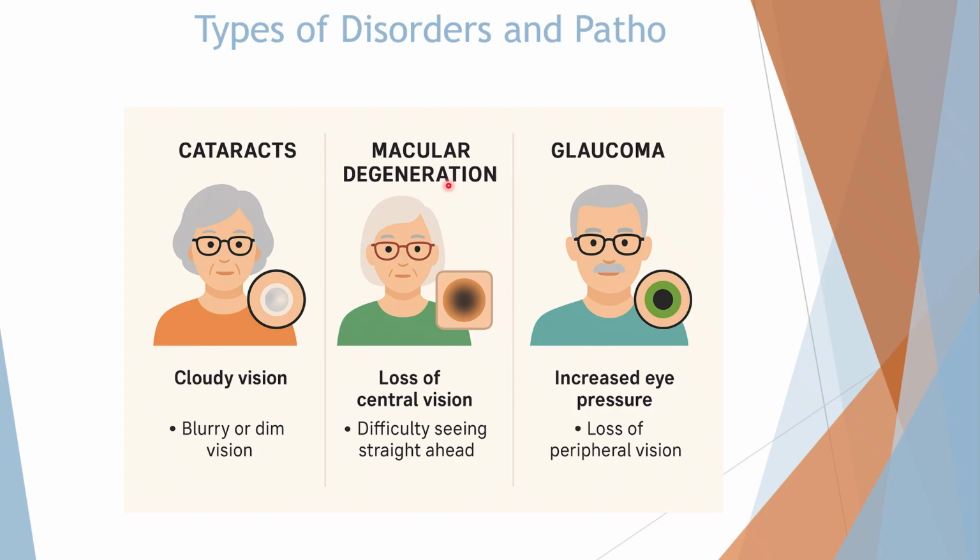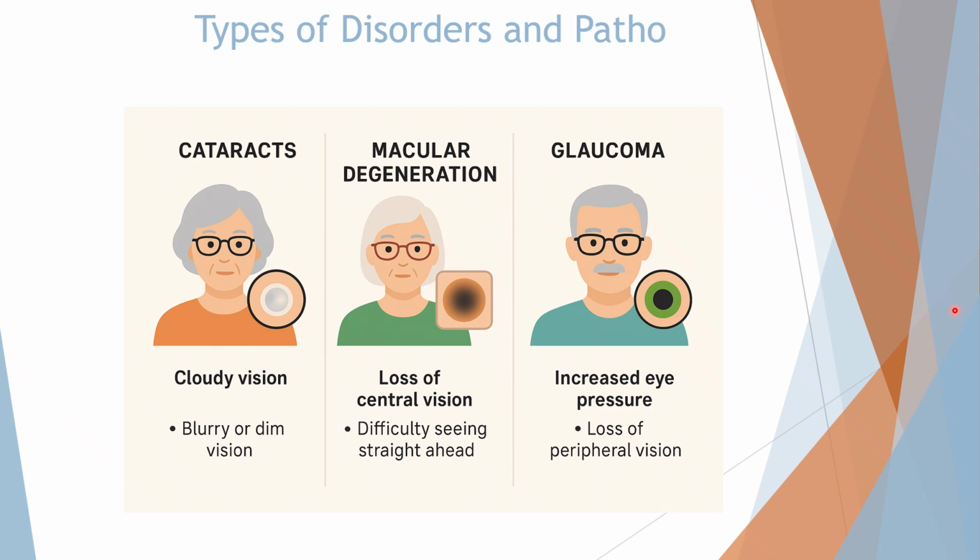For macular degeneration, there's more of a loss of central vision, okay? It's also known as age-related macular degeneration, so you may have heard of this. There's so many commercials out there about wet AMD or dry AMD, but it's the deterioration of the macula, the area of central vision, and can be age-related or exudative, wet or dry.